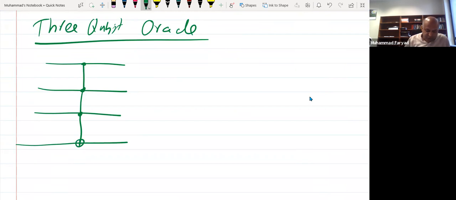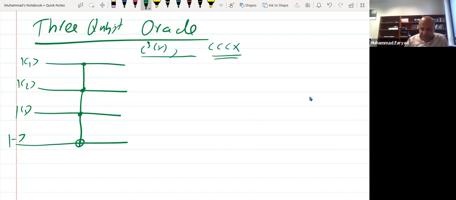So this is C1, C2, C3, and this is in minus state, where this gate, you can call it C3X, or you can call it CCCX, and so on. But this is not available in Qiskit. You will have to think of its implementation. I'll just talk about it a little bit later.